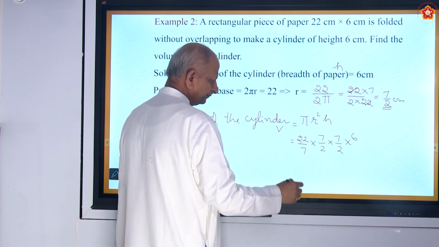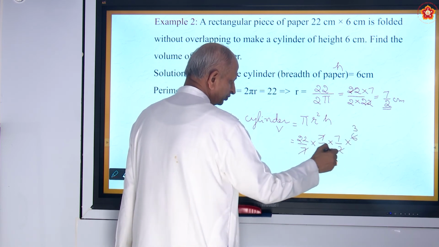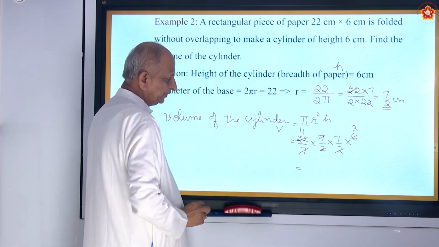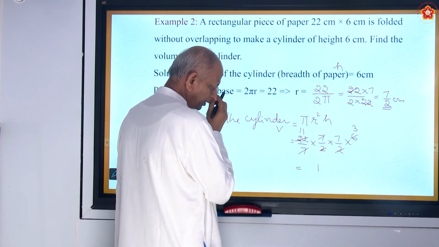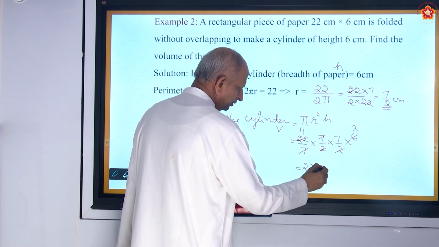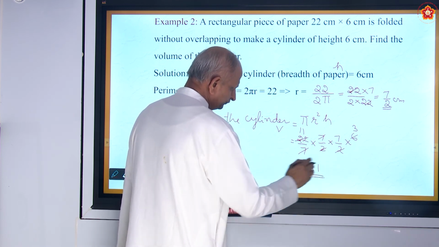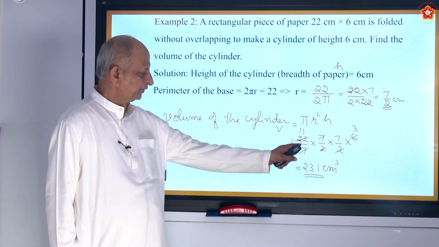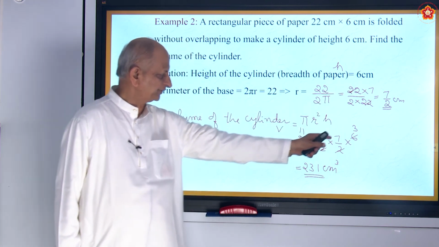H is 6. 7 cancels. 2 ones are 2, 2 threes are 6. So you have 21 into 11. 11 ones are 11, 11 twos are 22 plus 1, 23. So 231 centimeter cube. That is the volume: pi into r square, r is 7 by 2, into h, h is 6.